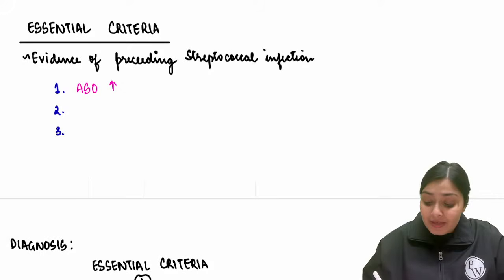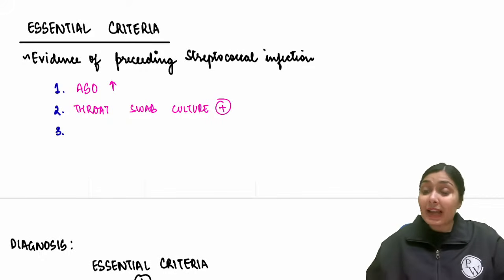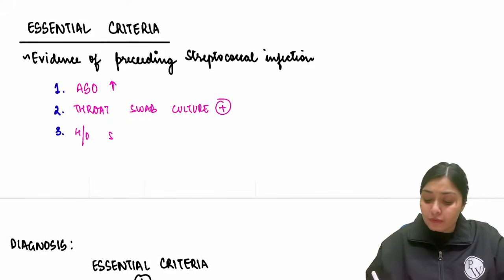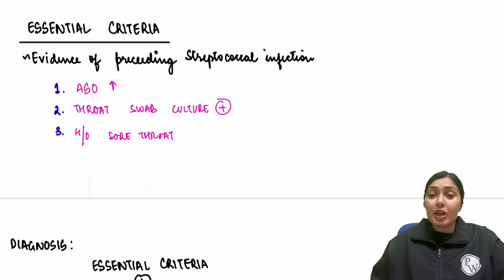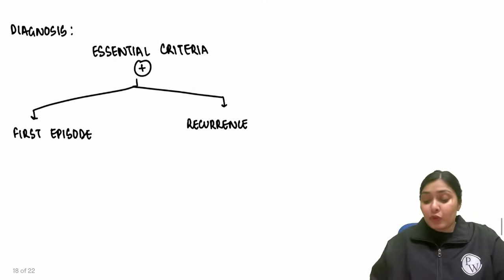If there is positivity in the throat swab culture, if you take a throat swab culture and that is positive for streptococcus, that is evidence. And lastly but not the least, if there is history of sore throat, that is also considered as evidence of preceding infection.